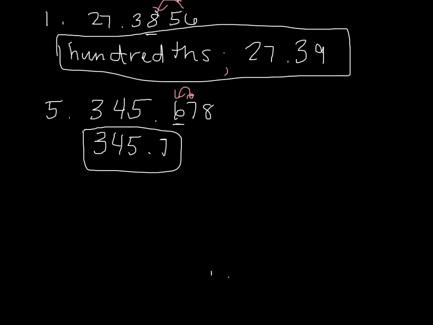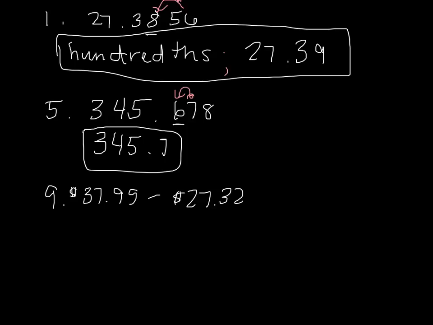Let's try another one, number 9. For number 9, it says estimate by rounding. So that means we're just going to look at our whole numbers to try to figure out what the answer is. So our problem says $37.99 minus $27.32.